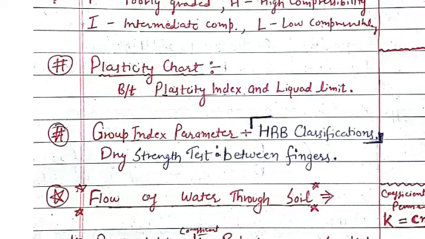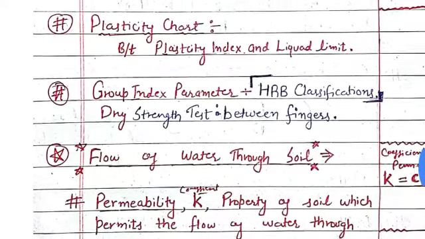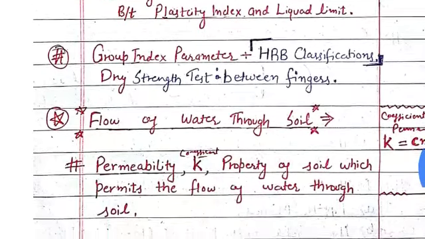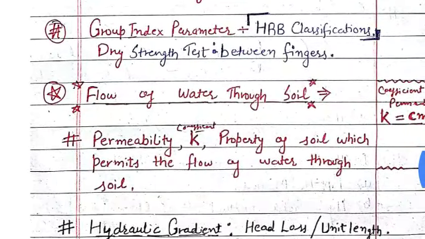And next one, dry strength test of soil is done by taking the sample between fingers. Next one is flow of water through soil, that is permeability.